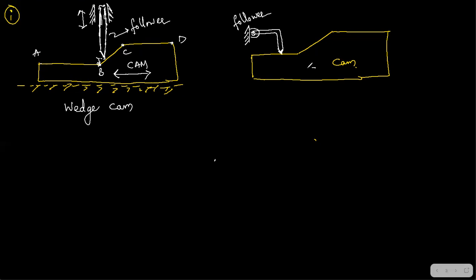Now what will happen if you are moving the cam towards the left? Let's just imagine a new position over here. For example, the cam has come to this position, the new position of your cam after moving towards the left.